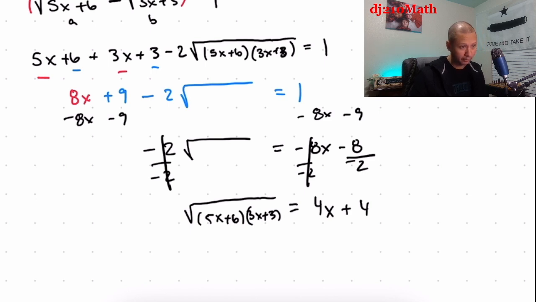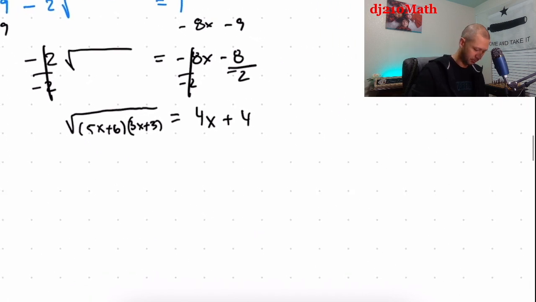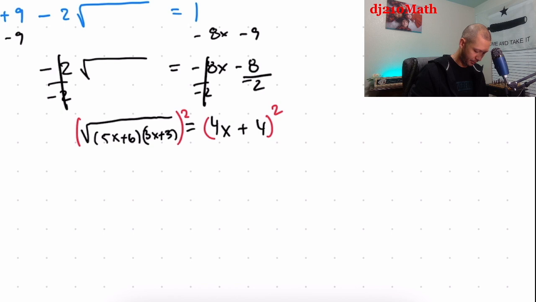Okay, we want to get rid of the square root. So I have to square both sides. All right, left-hand side, this is ideal because the square root's going to go away and you're left with the two factors. So left-hand side, we have 5x plus 6 times 3x plus 3.